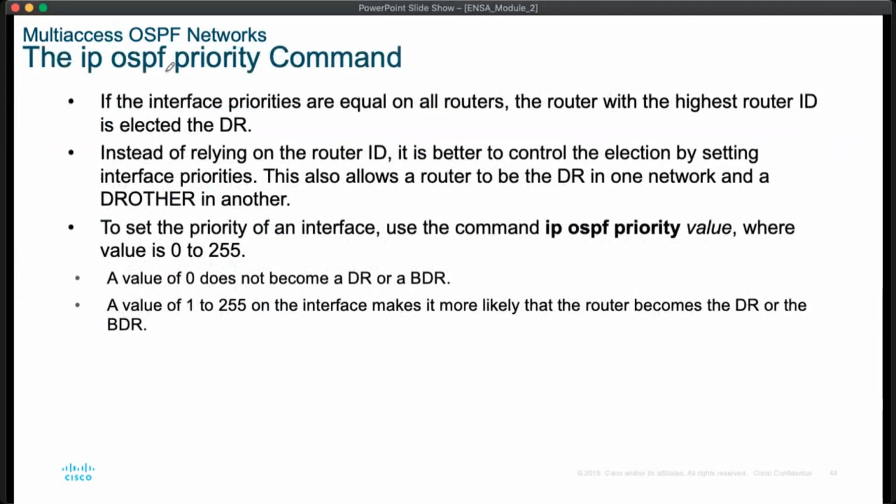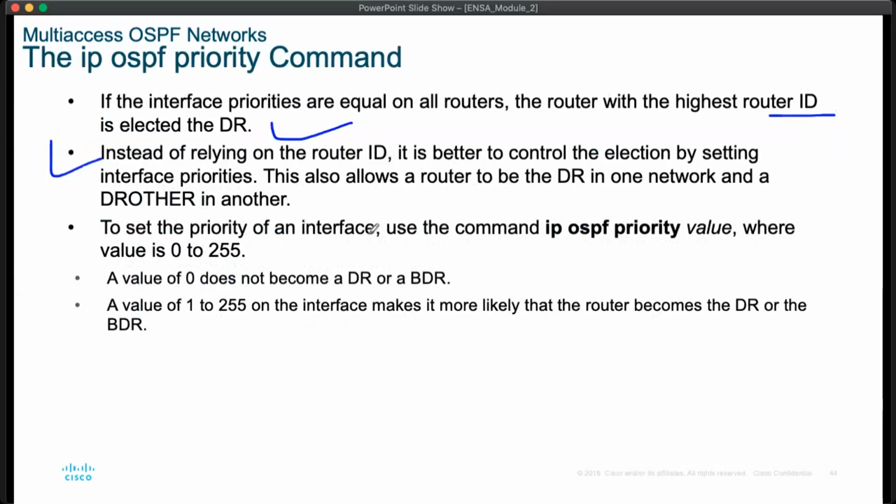The ip ospf priority command. If the interface priorities are equal on all routers, the router with the highest router ID is selected as the DR. Instead of relying on the router ID, it is better to control the election by setting the interface priority. This also allows a router to be the DR in one network and DROther in another.